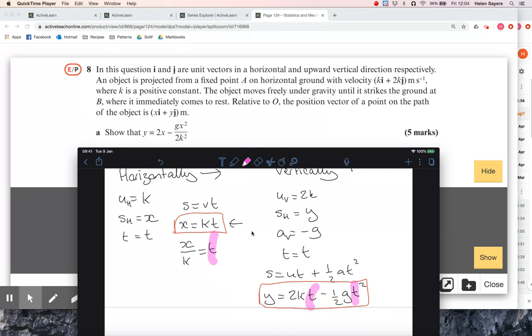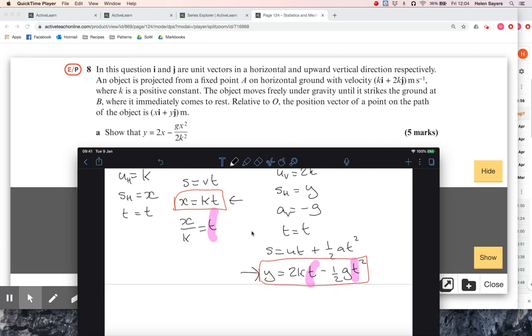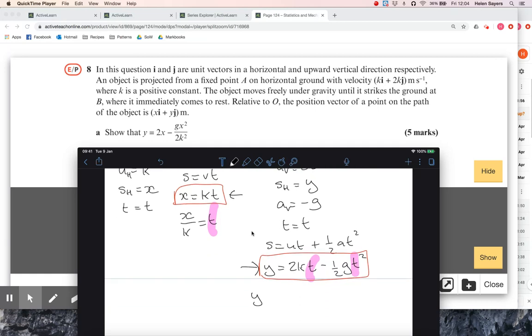Wherever this one says t, I'm going to substitute in x over k. So y is 2k times x over k, and then minus a half g, and then again I'm substituting x over k in for t, and that's squared. And I'm pretty hopeful we're going to get what they've got there.